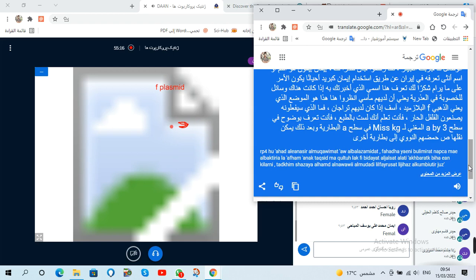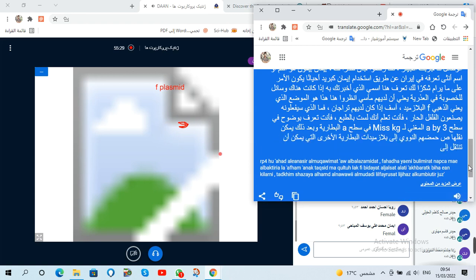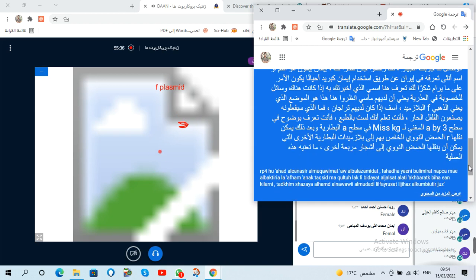So we call them plasmids whose DNA can transfer to other bacteria. What is this process called? Do you know?